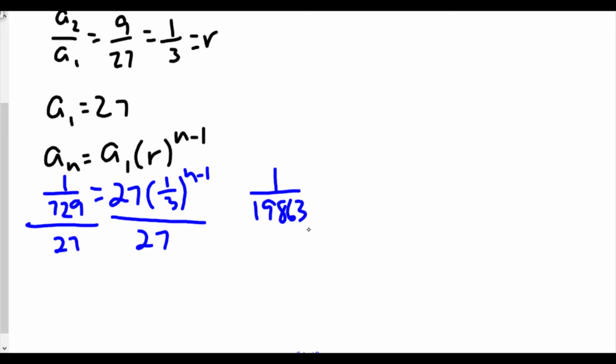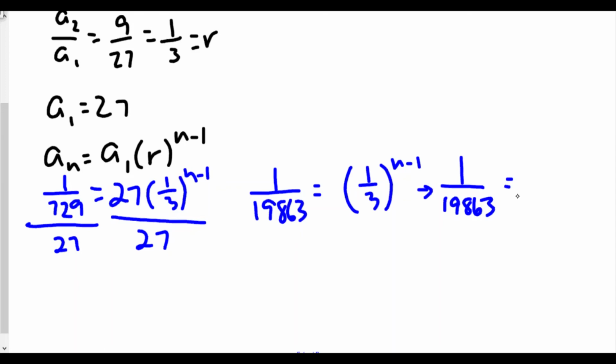So we have 1 over 19,683 is equal to 1/3 raised to the n minus 1, which we will express as, remember when we are raising a power to n minus 1, this is the same thing as writing out 1 over 19,683 is equal to 1/3 to the nth power divided by 1/3.